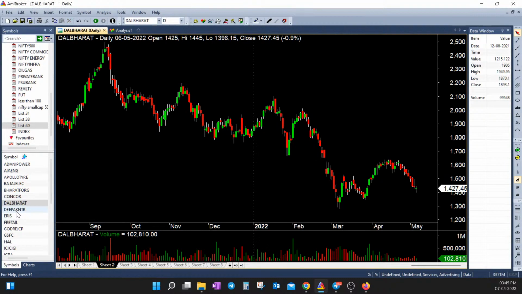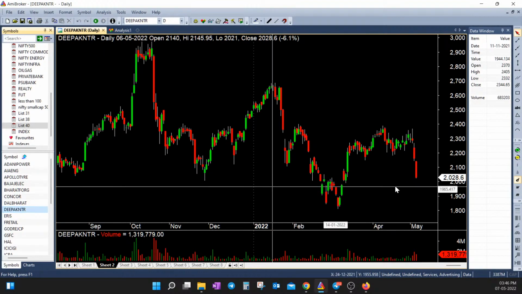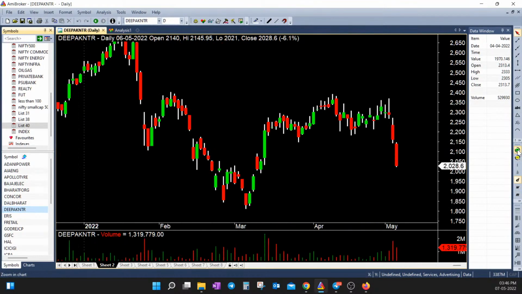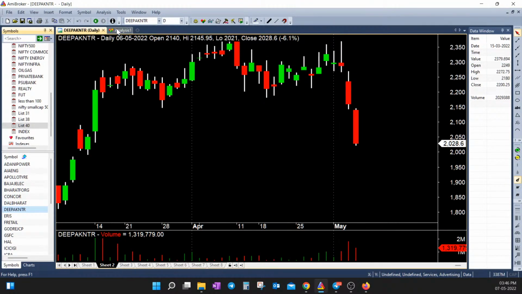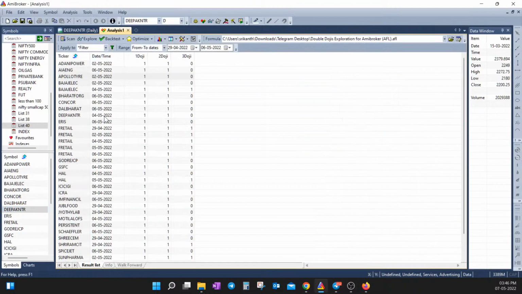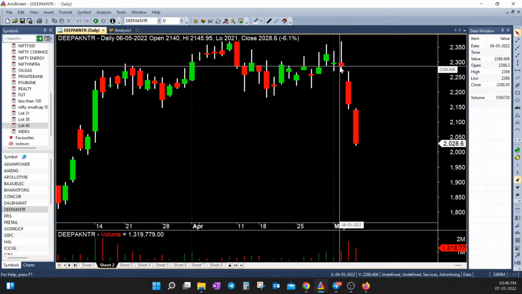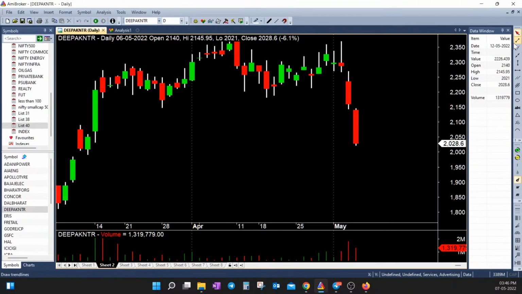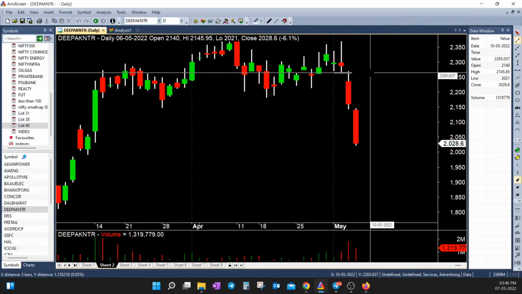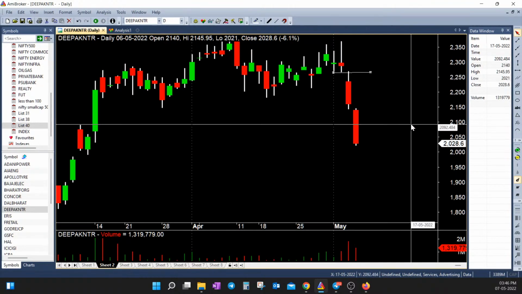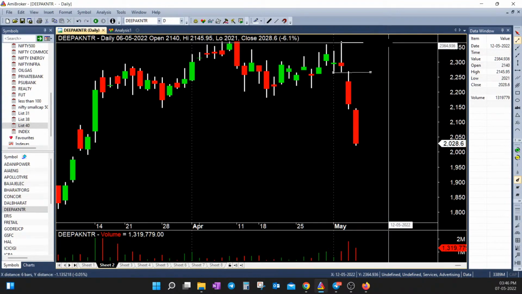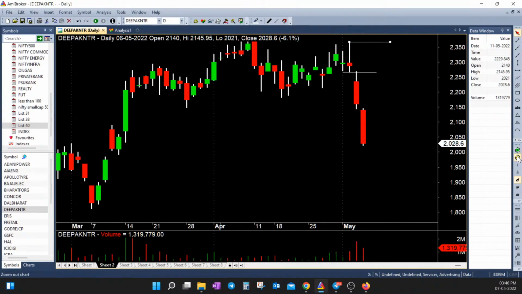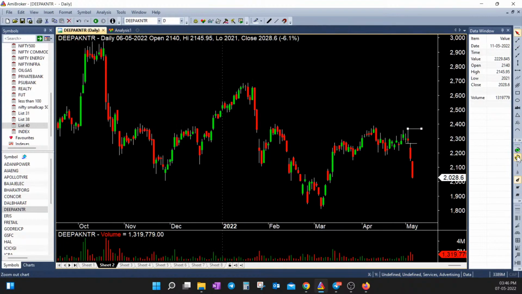Got the point? Now next, Deepak Nitrite. Deepak Nitrite doji had been formed here. What happened? See, this we didn't get for the analysis part only. This is the highest high, this is the lowest low. Where has it been formed?